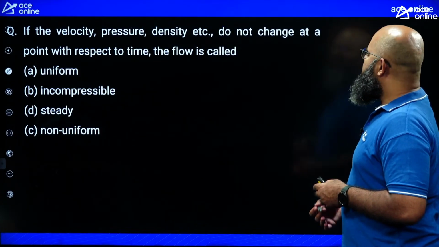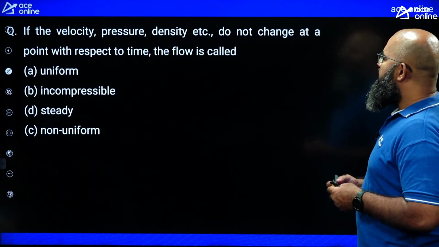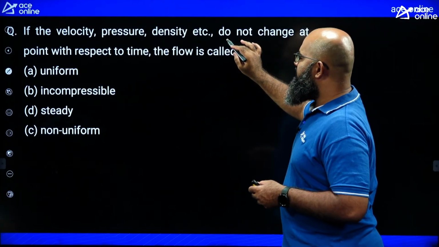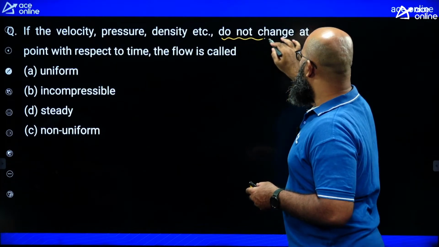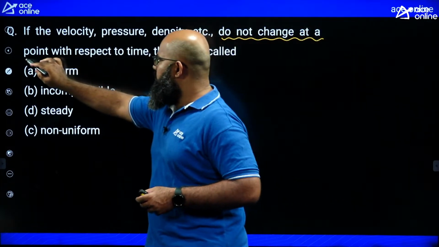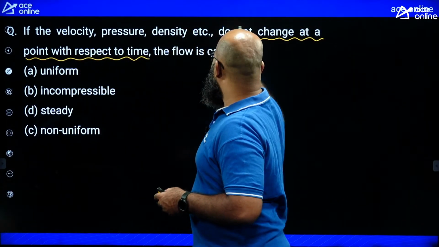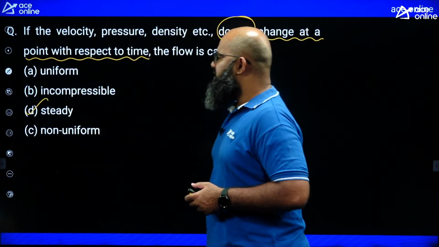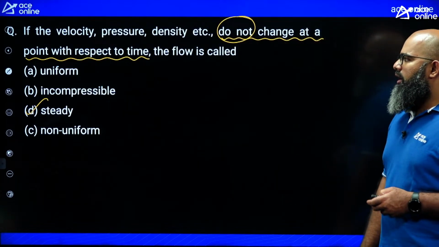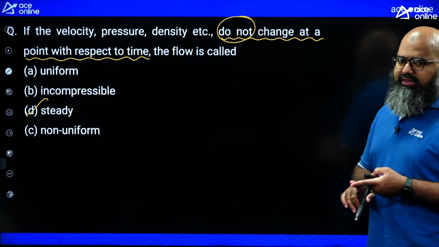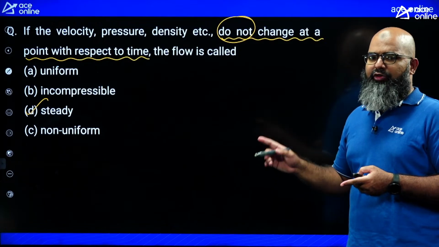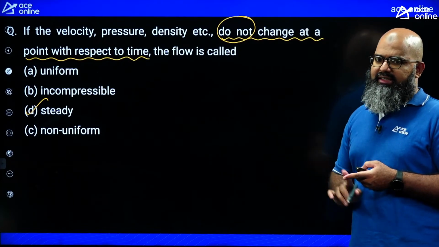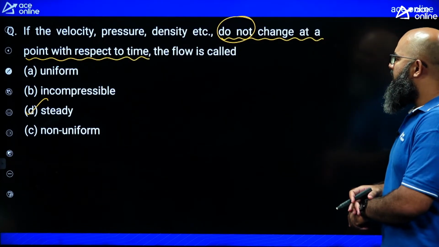If the velocity, pressure and density do not change with respect to time at a point, the words do not are important. If they are not changing with respect to time, we call it steady flow. Changes with respect to space will give you uniform or non-uniform. Changes with respect to time will give you steady or unsteady.